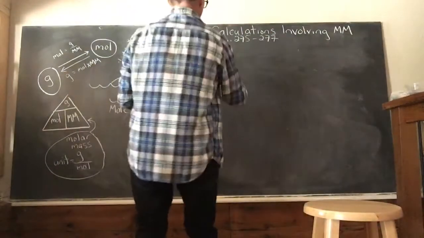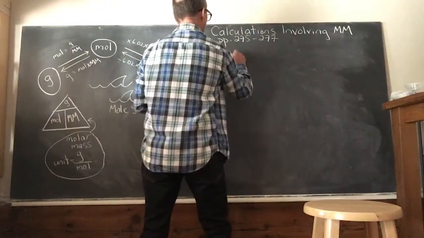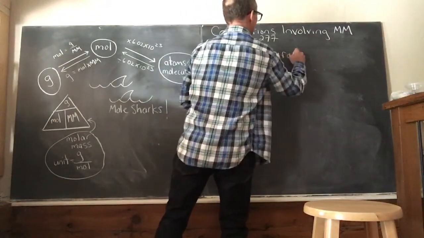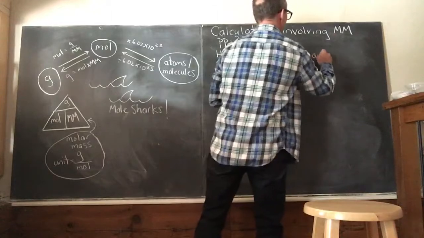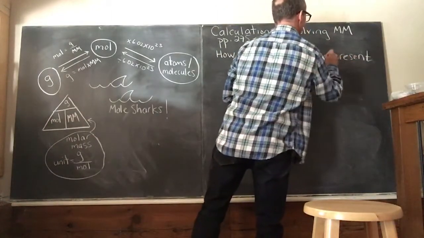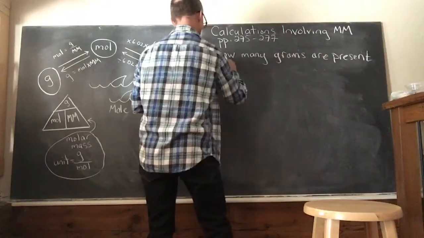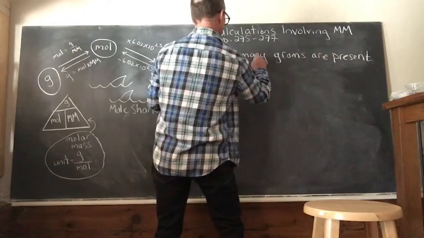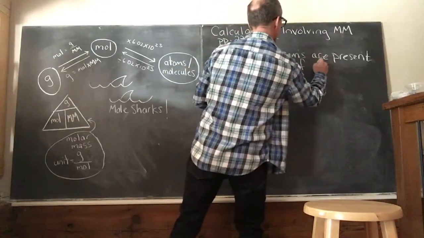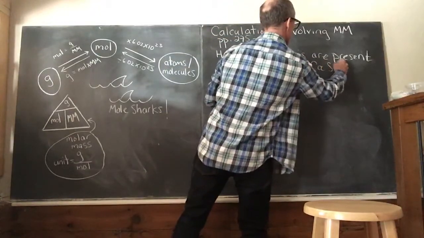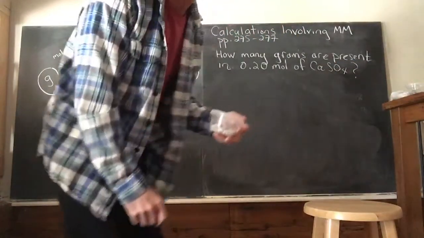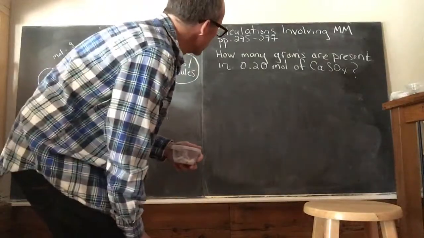So let's take a look. How many grams are present in 0.20 moles of calcium sulfate, which is basically drywall or plaster of Paris.